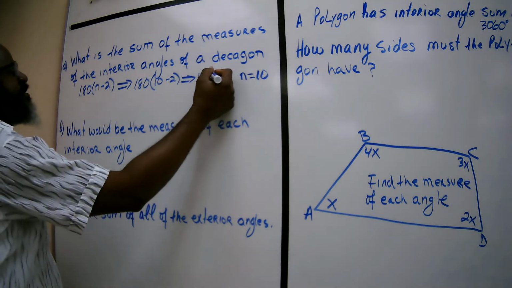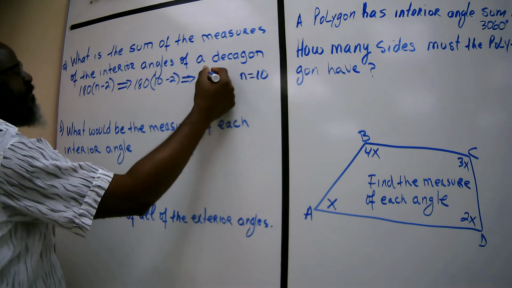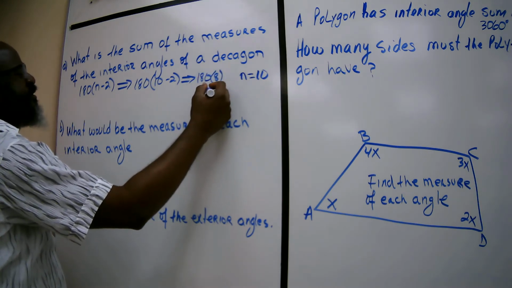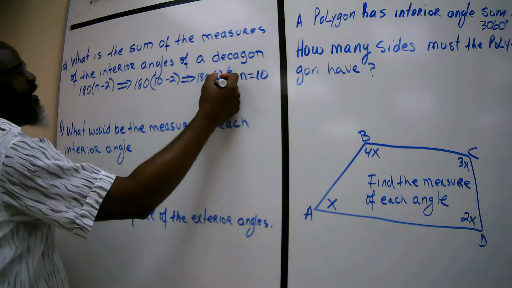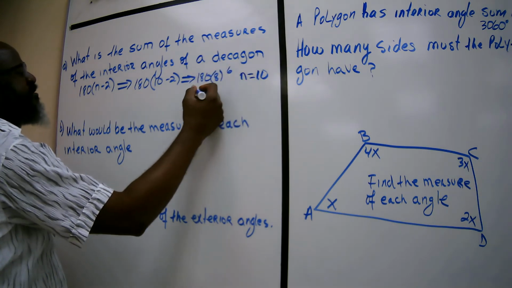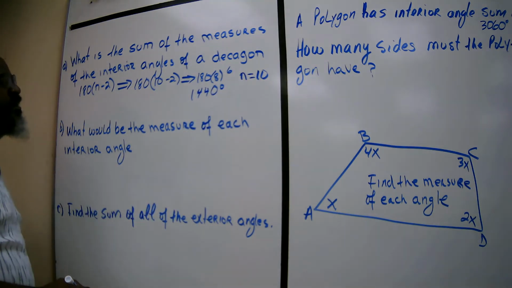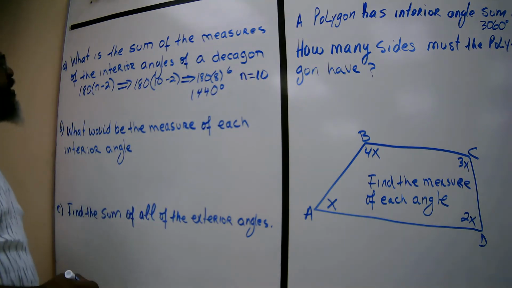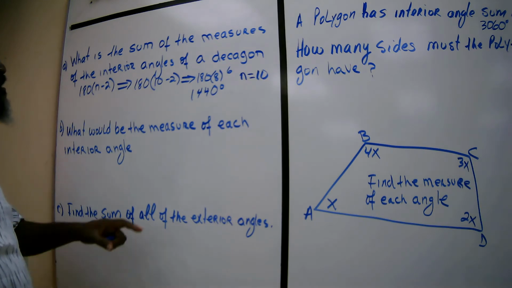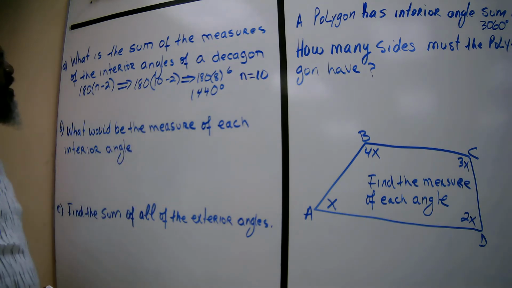So 8 times 0 is 0, 8 times 8 is 64, carry 6, 8 times 1 is 8, plus 6 is 14. The sum of the interior angles of that regular decagon will be 1440 degrees for all of the 10 angles combined. Alright, since it's a regular decagon, the second question is asking you the measure of each interior angle.